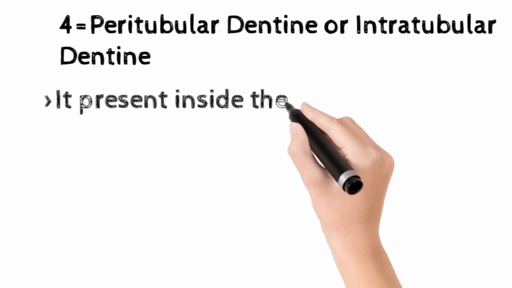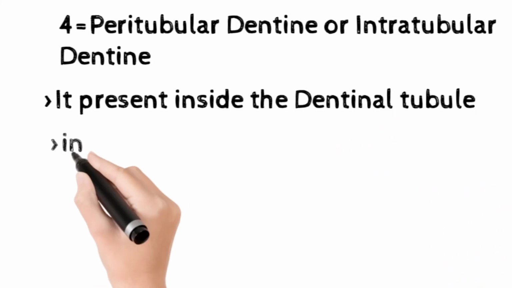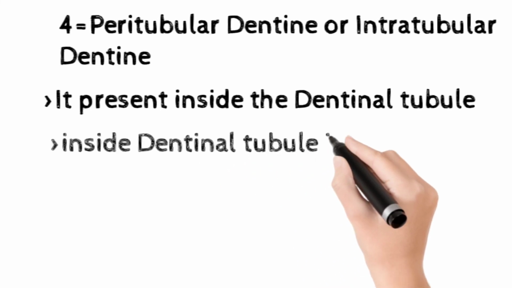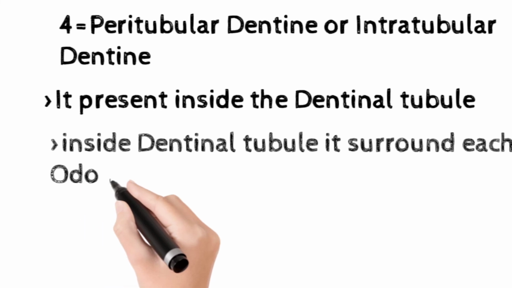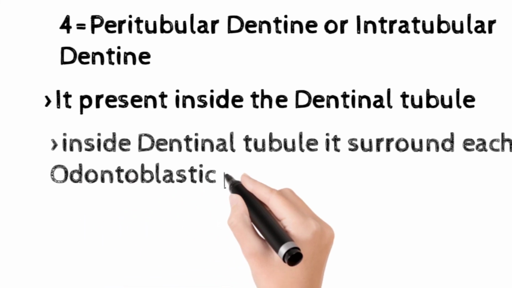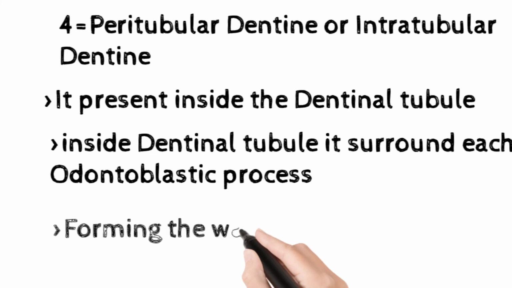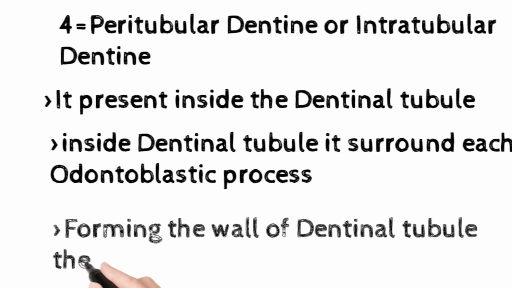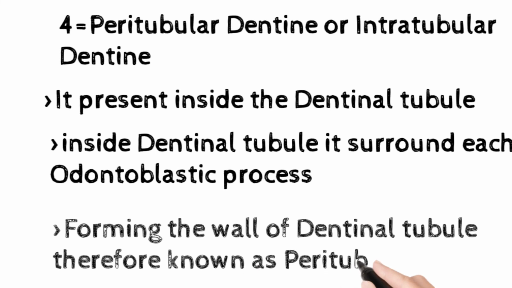Intratubular dentine is present inside the dentinal tubule, like its name indicates. Inside the dentinal tubule, it surrounds each odontoblastic process. It forms the wall of the dentinal tubule, therefore it is known as peritubular dentine.